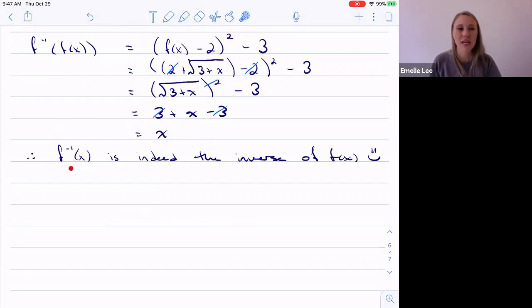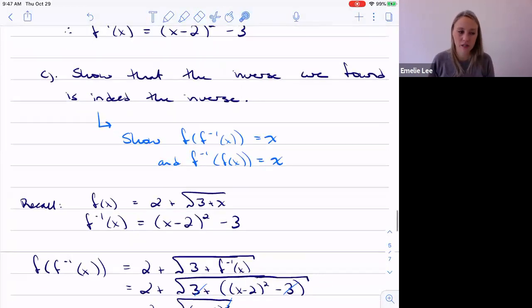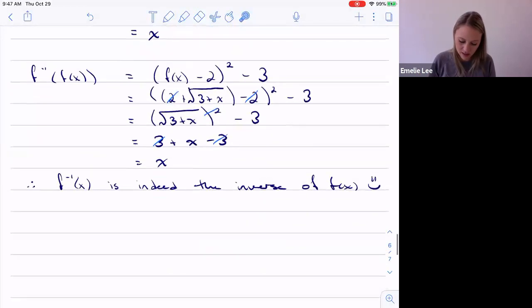And it's okay, it can be generic like this. Sometimes I'll put the actual inverse function in, but by this point, you're just happy you're done, right? But I do want to see some sort of summary here. You have to answer the question: show that the inverse we found is indeed the inverse. Well, here we showed it, and so we can say that there.